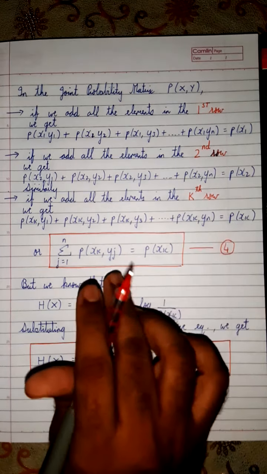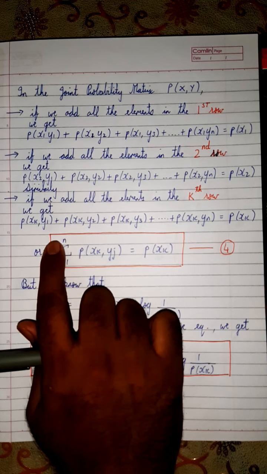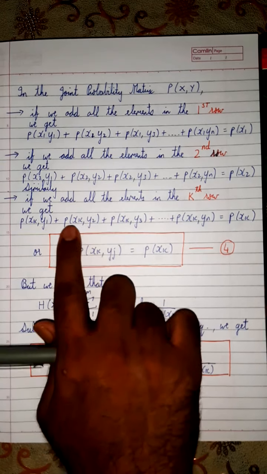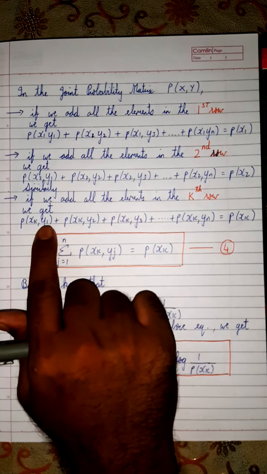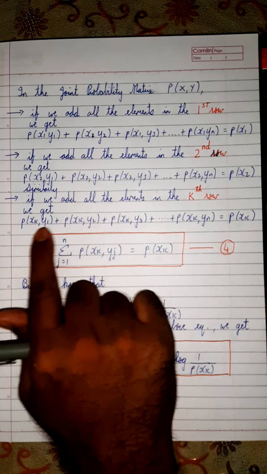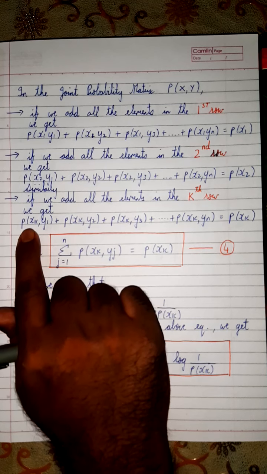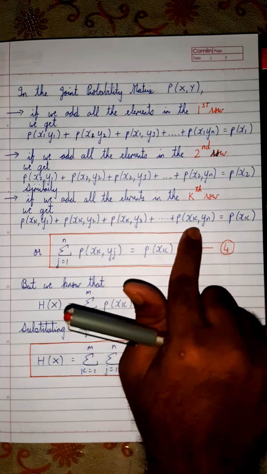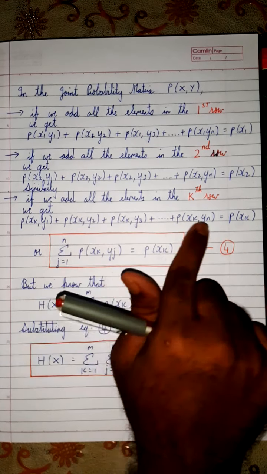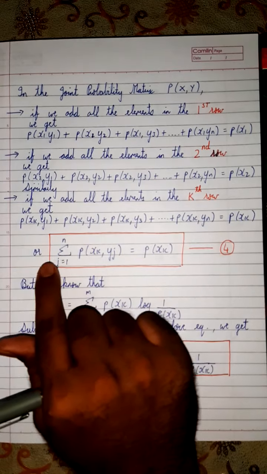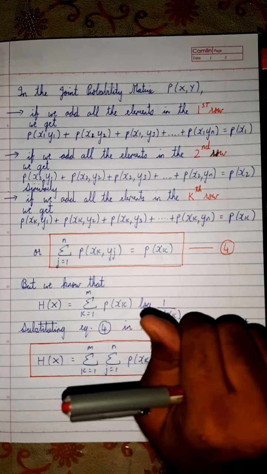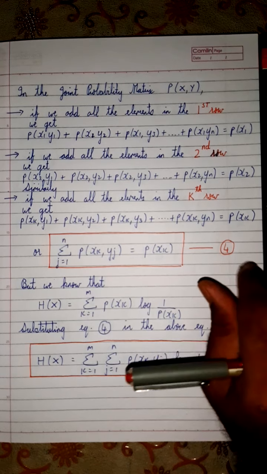In other words, sigma j is equal to 1 to n of p of xk comma yj, because all the elements in the single row are changing with respect to j. The transmitted symbol xk is constant and the received symbol is the one being changed, so the received symbol varies from 1 to n. Therefore, sigma j equal to 1 to n of p of xk comma yj is nothing but p of xk. This is the fourth equation.